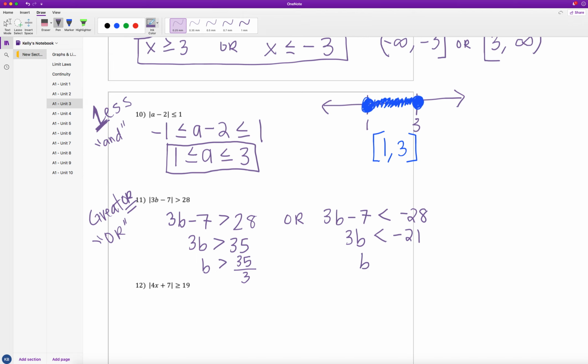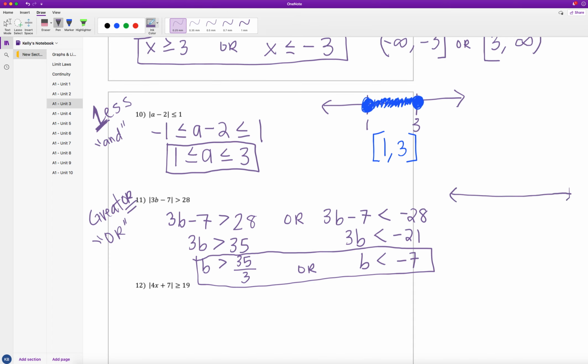Divide through by 3 and get b is less than negative 7. You'll notice I didn't flip any inequalities as I solved because 3 is positive and I was dividing by that positive 3, so there is no need to flip any inequalities. We've solved it. Let's go ahead and graph it.